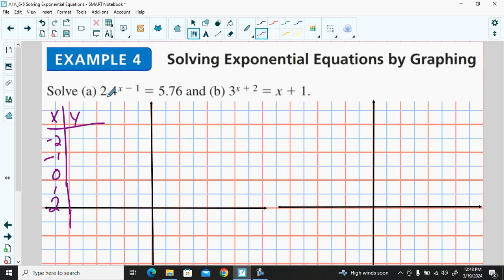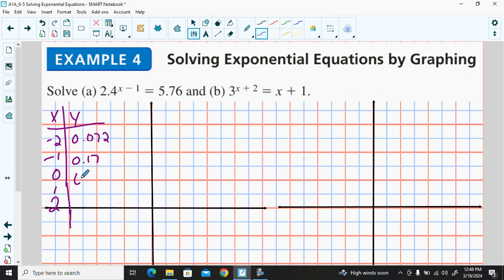So when we replace x with -2, -2 minus 1 is -3. What is 2.4 to the -3 power? That's 0.072. For -1, minus 1, that's 2.4 to the -2 power, which is 0.17. For 0, 0 minus 1 is 2.4 to the -1.